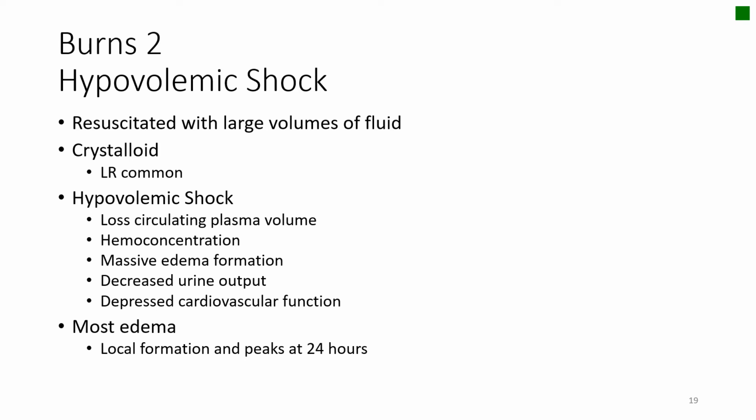So they will have loss of circulating plasma volume, hemoconcentration, massive edema formation, decrease in their urinary output, and depression of their cardiovascular function. The fluid losses are greatest in the first 12 hours after the burn, and they generally begin to stabilize at 24 hours.